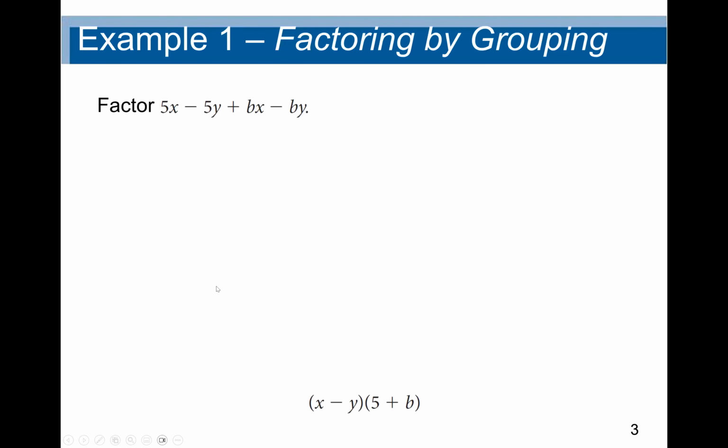So let's see one example. Here they say we should factor 5x minus 5y plus bx minus by. Here we can see that in the first two terms, 5 is common. In the next two terms, b is common.